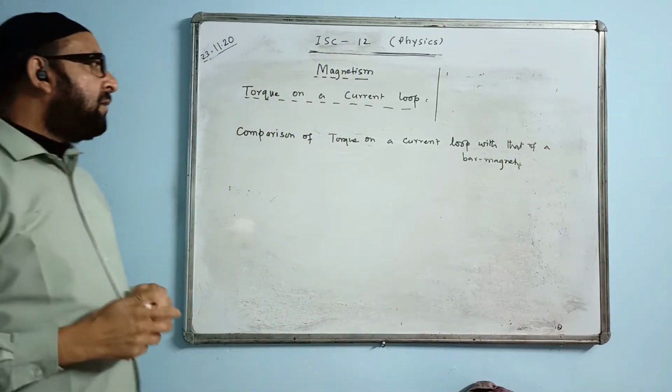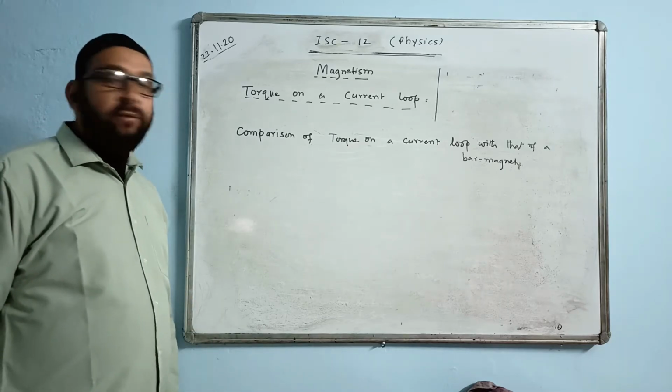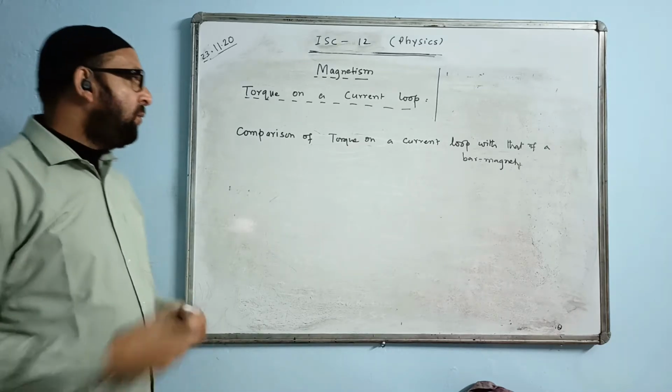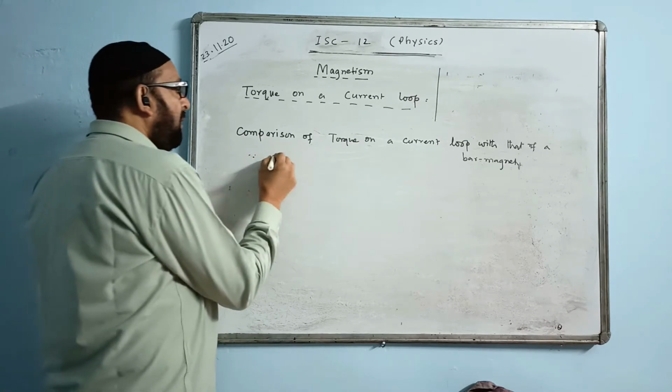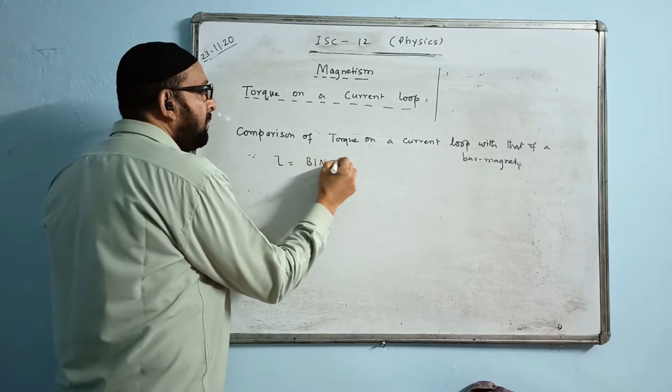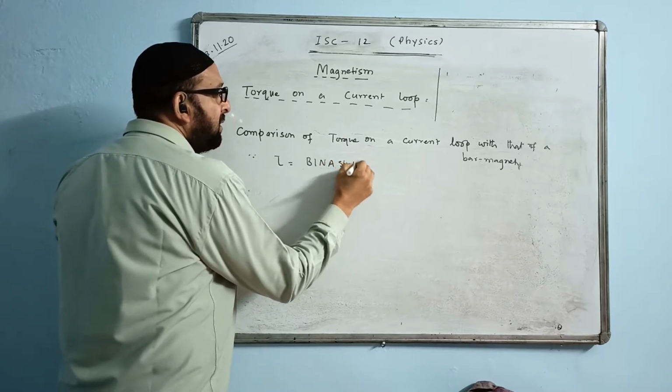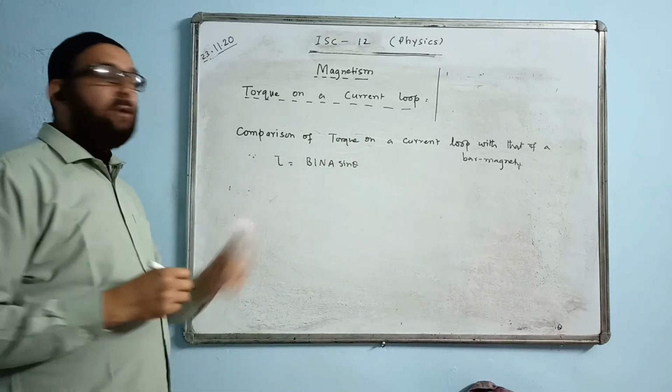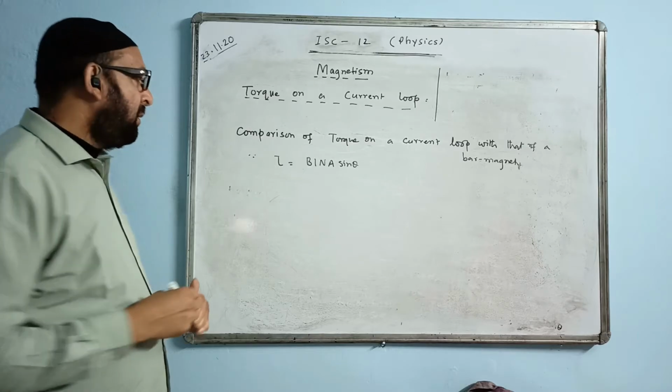We'll do the comparison of torque on a current loop with that of a bar magnet. Since the torque formula we have is B n a sin theta, or B n a cos alpha, or only B n a we can write.